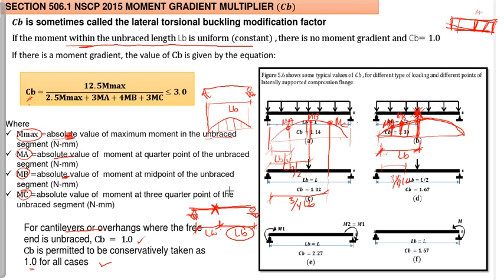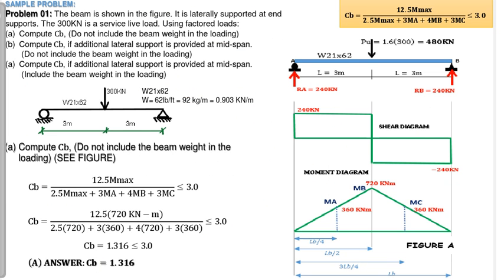And then, solve for the moment, then get your Mmax, Ma, Mb, and Mc to solve for your moment gradient multiplier. Okay? So, let's take a look at an example in getting our moment gradient multiplier.